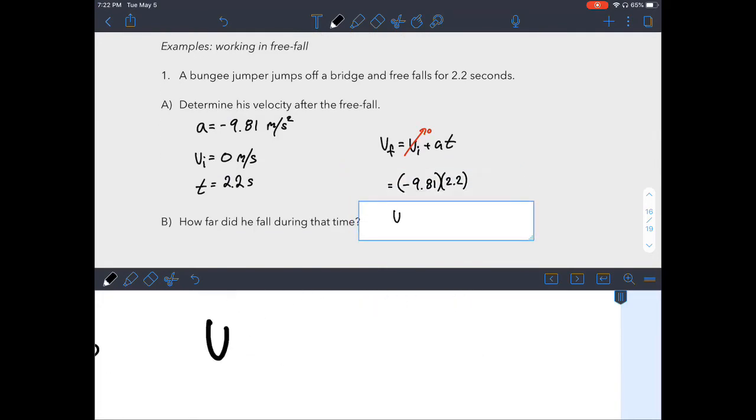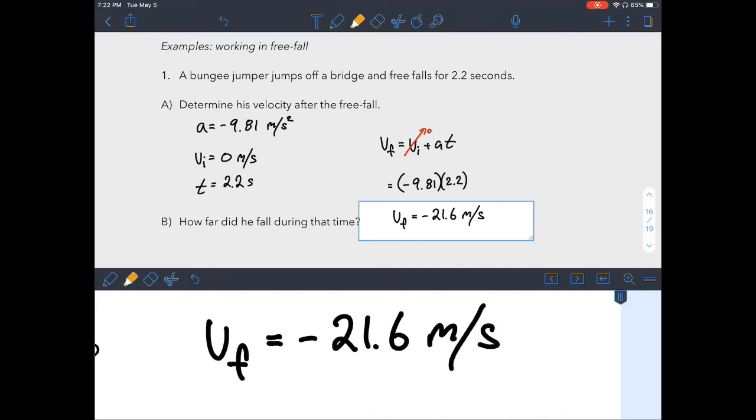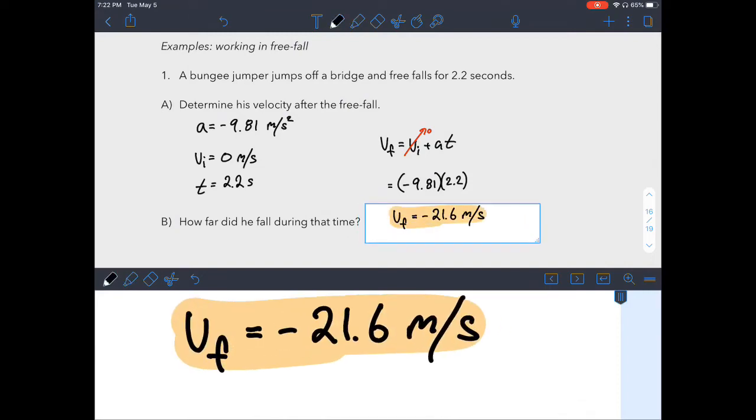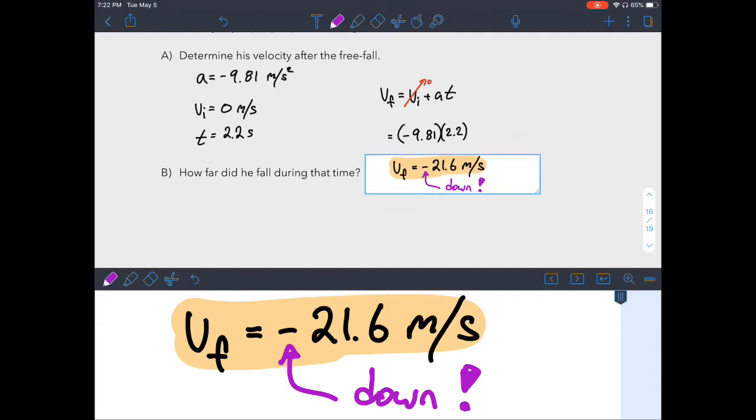So our final velocity is going to be negative 21.6 meters per second. The negative, super duper important that you don't lose that, because that means it's in the down direction. Don't lose the negative with gravity. It's got to be negative 9.81.